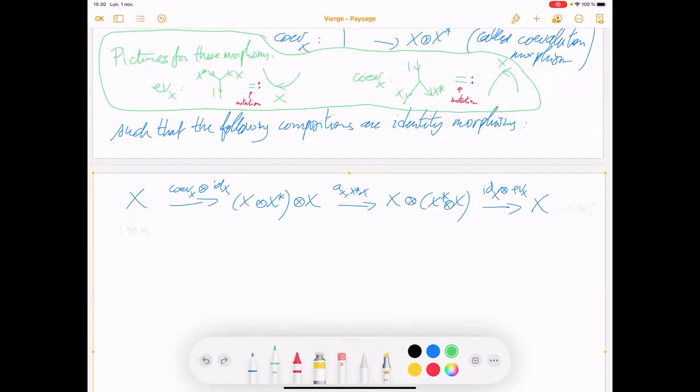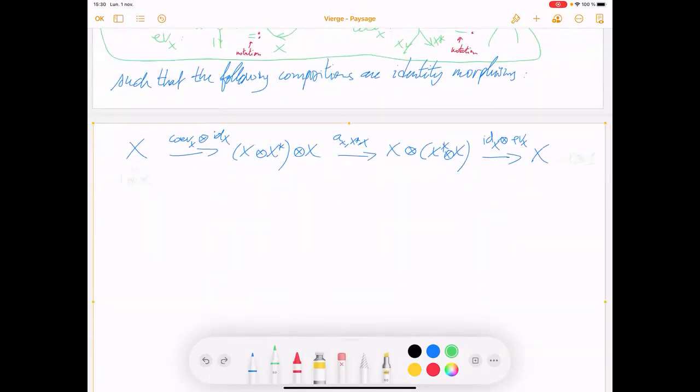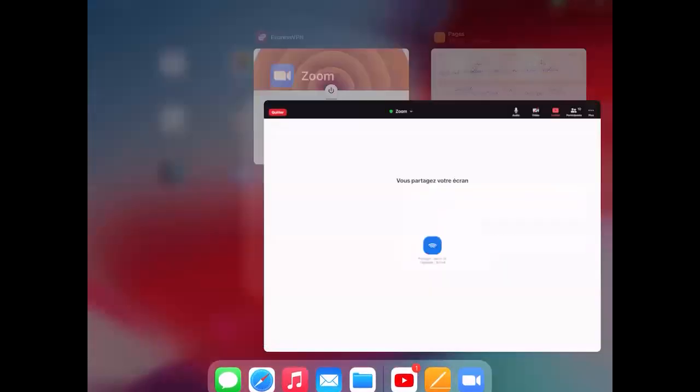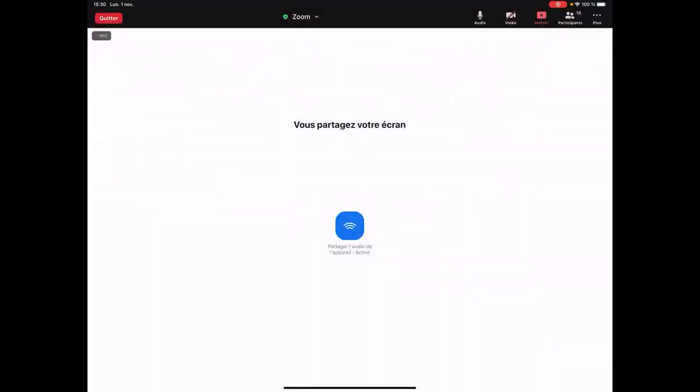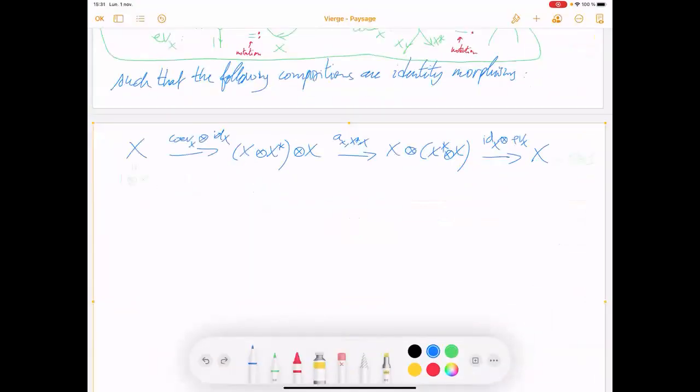So this composition from X to X, and another one from X star to X star, will be assumed to be identity.